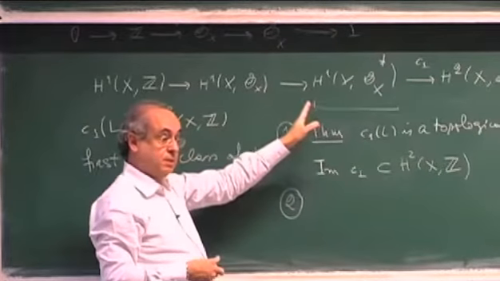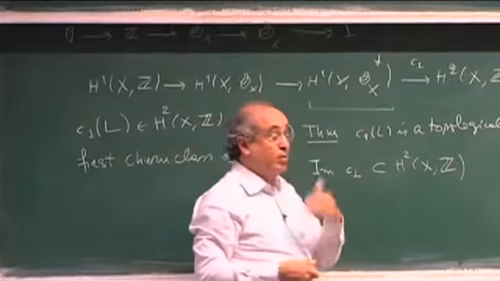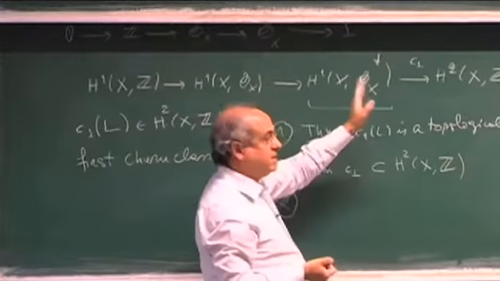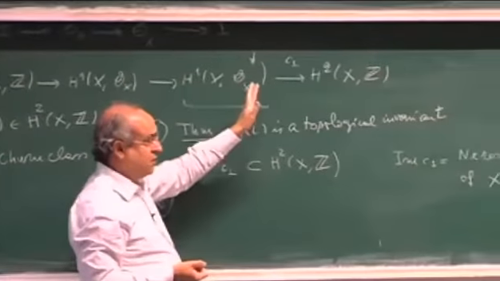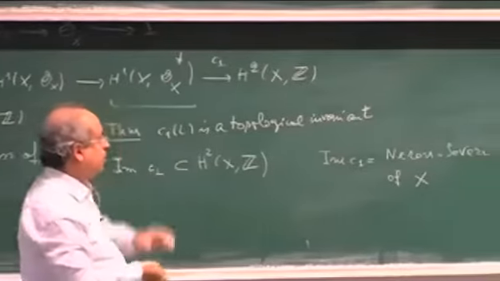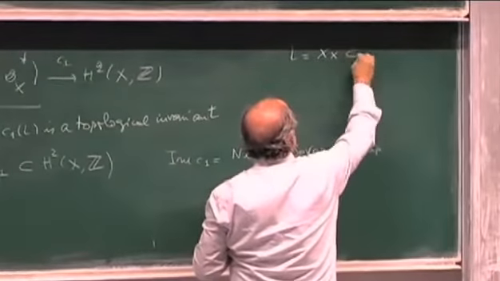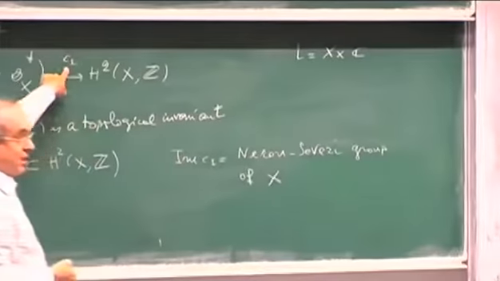So in particular, an equivalent version of my question is the following. If a line bundle has a 0 first Chern class, is it trivial? Well, trivial means that it's just a product, so it's just X times C. Of course, you can understand that this line bundle has a vanishing first Chern class.